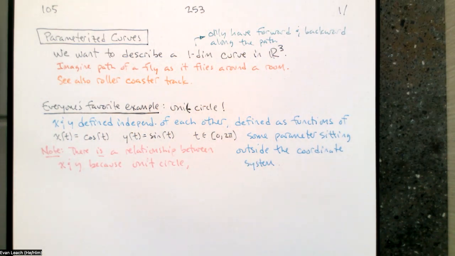So we do want to note that there is a relationship between x and y. I'm not saying there isn't a relationship between x and y. It's just not how we're defining the unit circle in this case. There is a relationship between x and y because it's the unit circle, but that's not how we're defining the unit circle in this case.